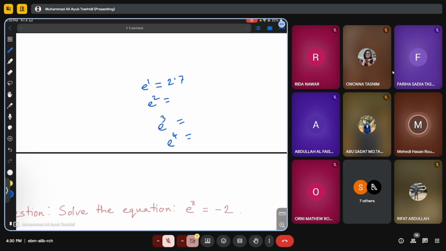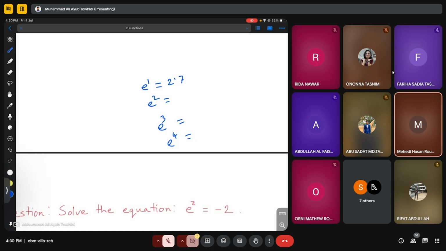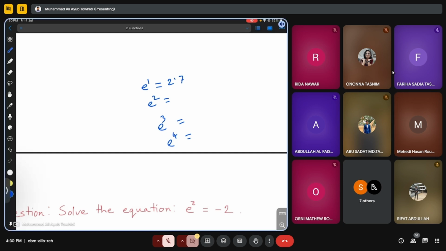Any complex number, then what will happen? Yes, exactly. For real numbers, even if you take negative, e to the power -1 will be less than 1, but still positive. e to the power -2 will be less than 1, but still positive.